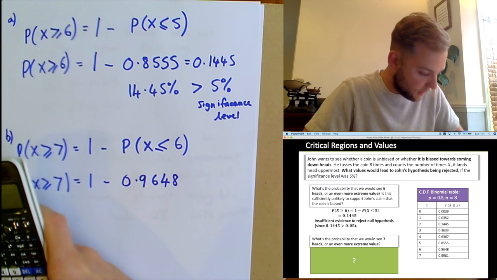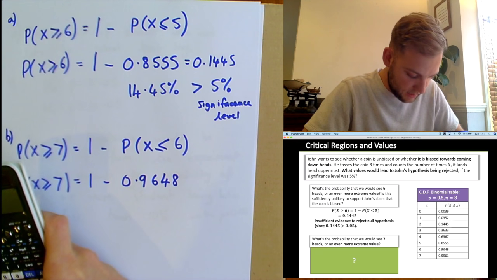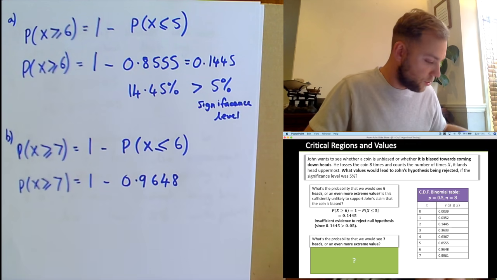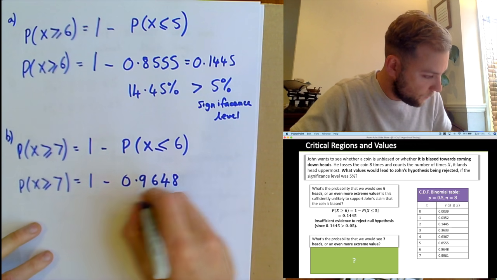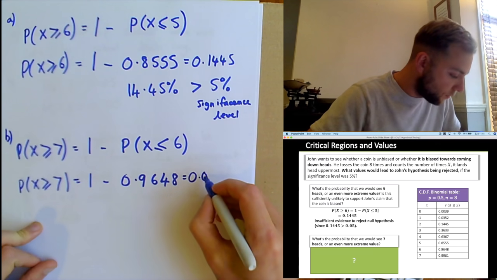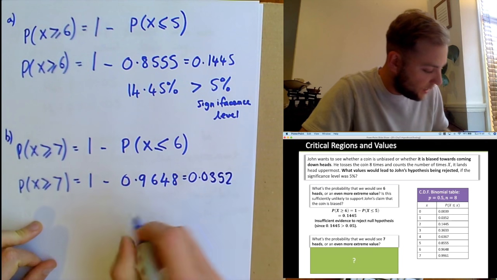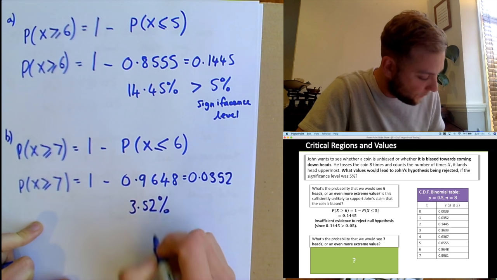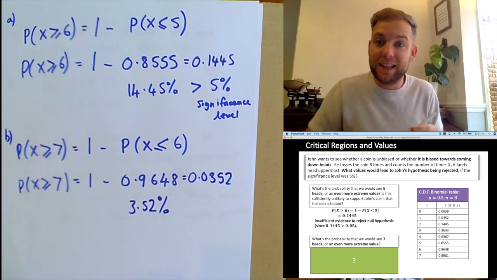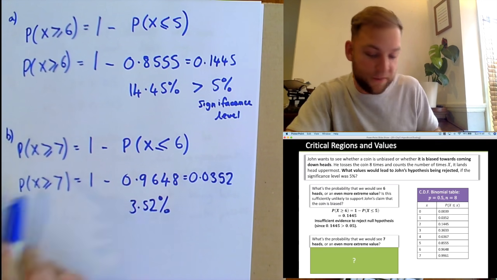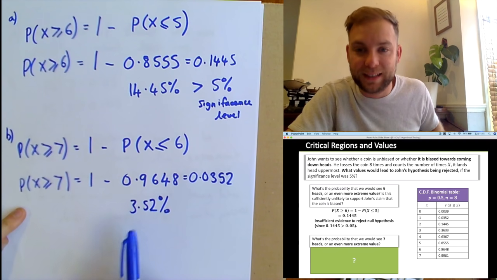Okay, we can put that in our calculator. So 1 minus 0.9648 is equal to 0.0352. In this case, it's equal to 3.52%. So the chances of us getting 7 or more is only 3%.